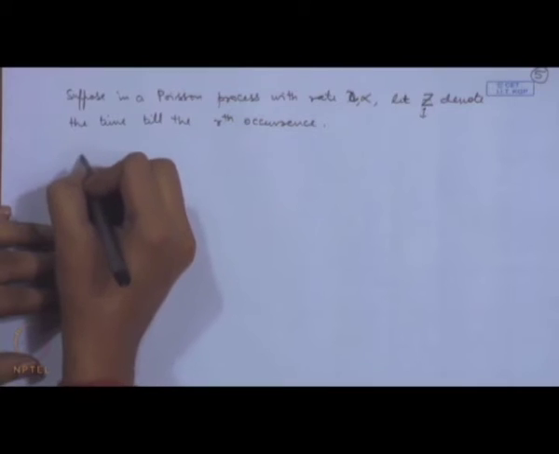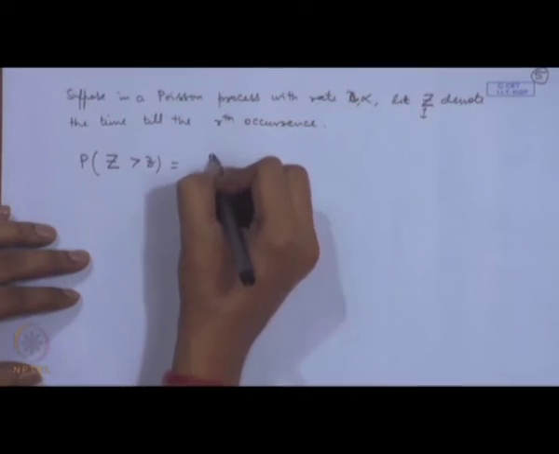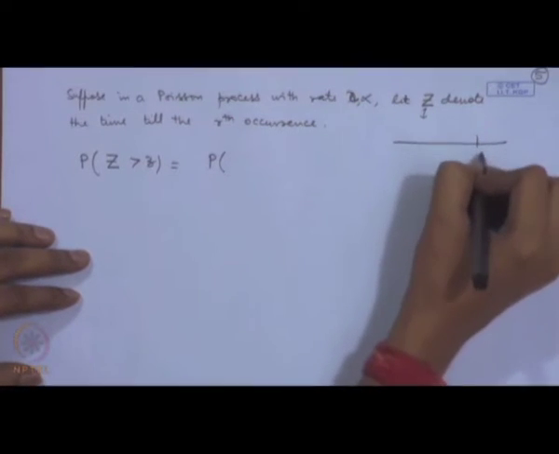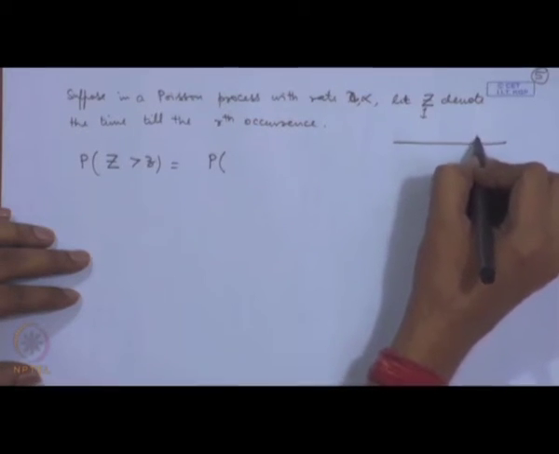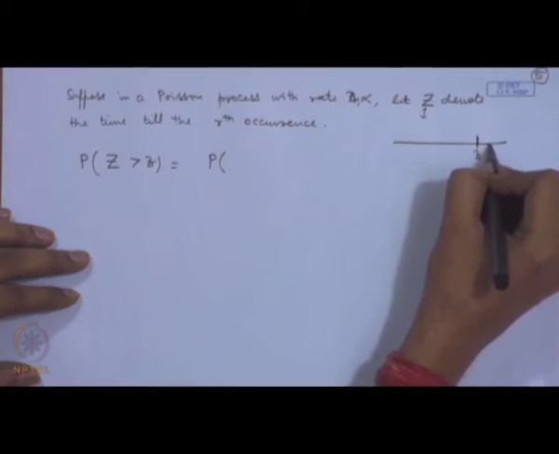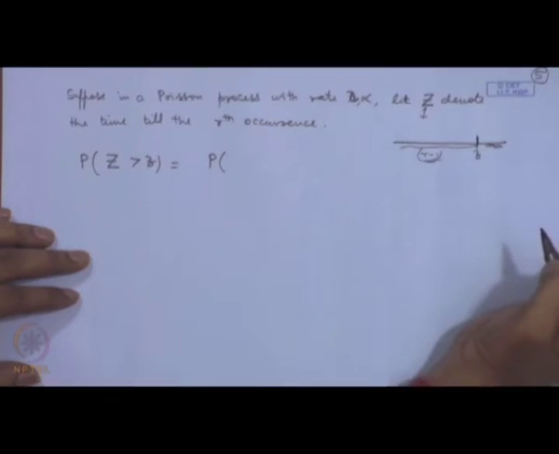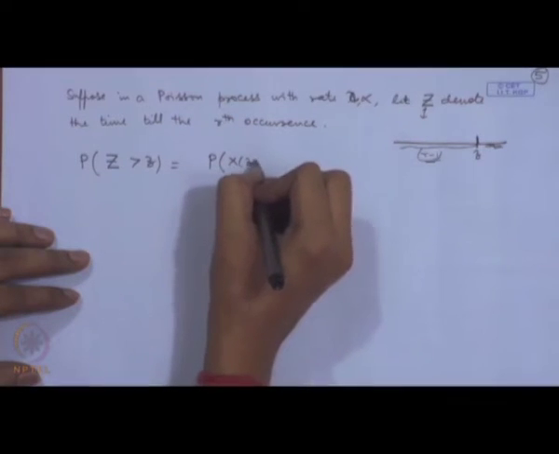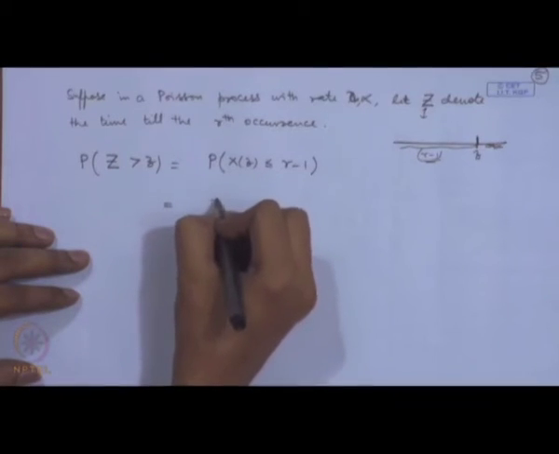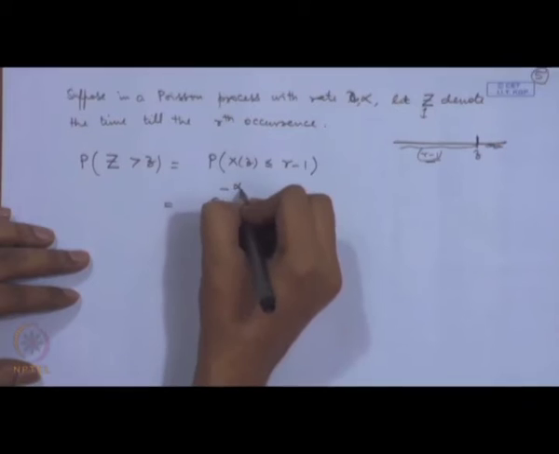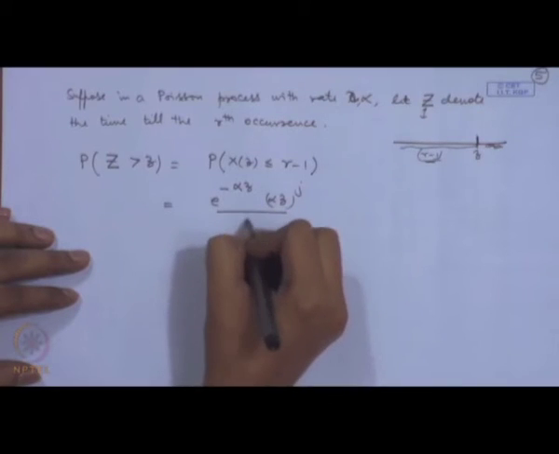So, we again consider it in a similar way as probability Z greater than z. Now, in a Poisson process, till this time z, r occurrences have not occurred, that is the rth occurrence is occurring after this. That means within this portion not more than r minus 1 occurrences will take place. So, this is equal to probability X_z less than or equal to r minus 1, which is the summation j equal to 0 to r minus 1 of e to the power minus alpha z, (alpha z) to the power j by j factorial.